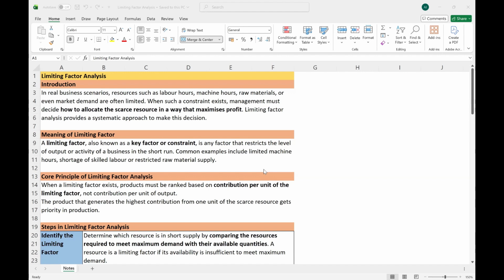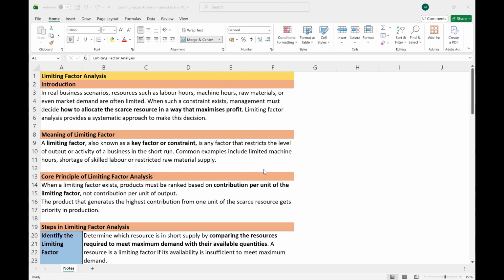So fixed costs are completely ignored, only contribution is relevant to determine the ranking or the way to allocate the resources. Since the limiting factor restricts how much we can produce, the objective is not to maximize total sales, but to extract the maximum contribution from each scarce unit of the limiting resource.